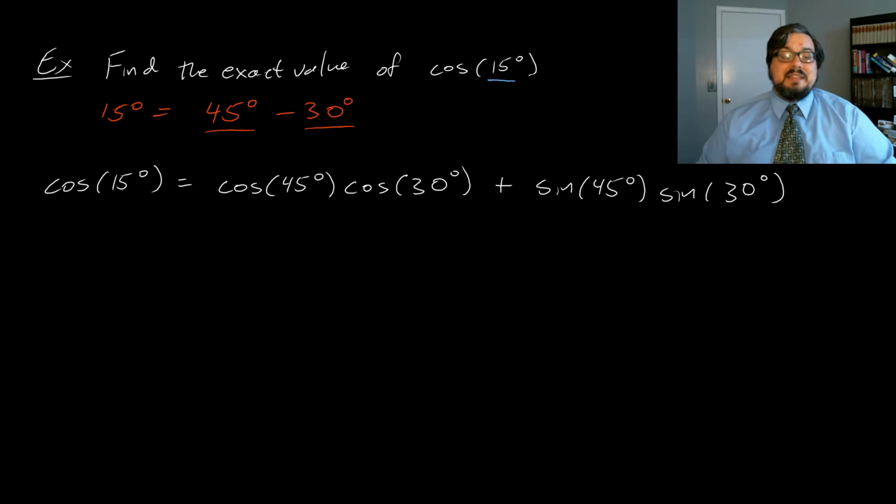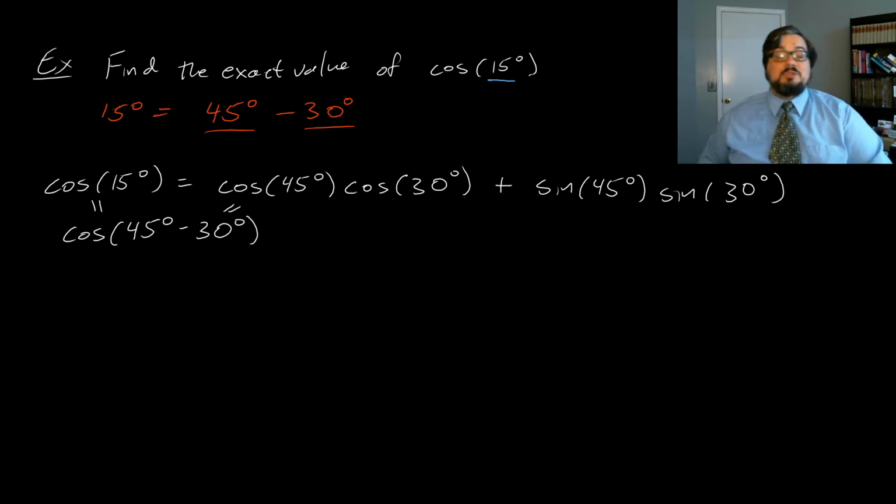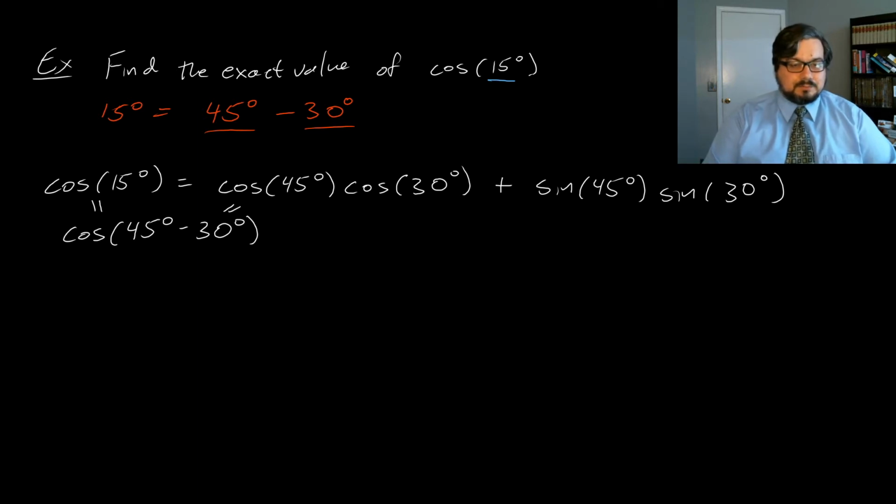So using the difference formula for cosine, according to the formula on the last page, that is cosine of 45 degrees times cosine of 30 degrees, plus sine of 45 degrees times sine of 30 degrees.